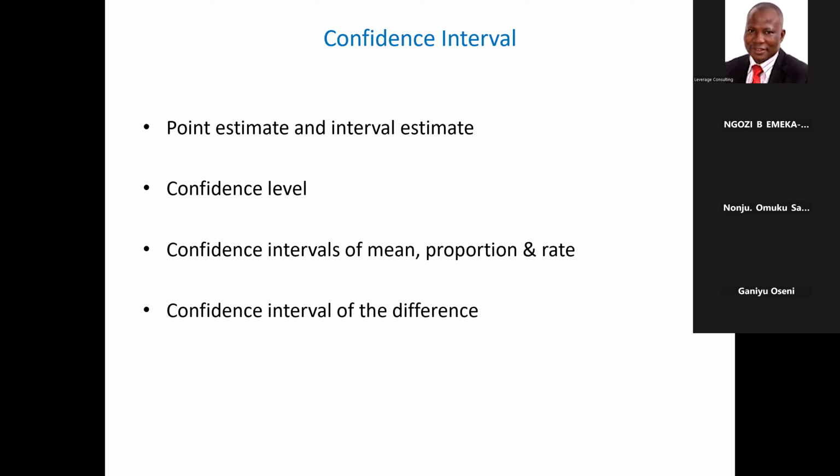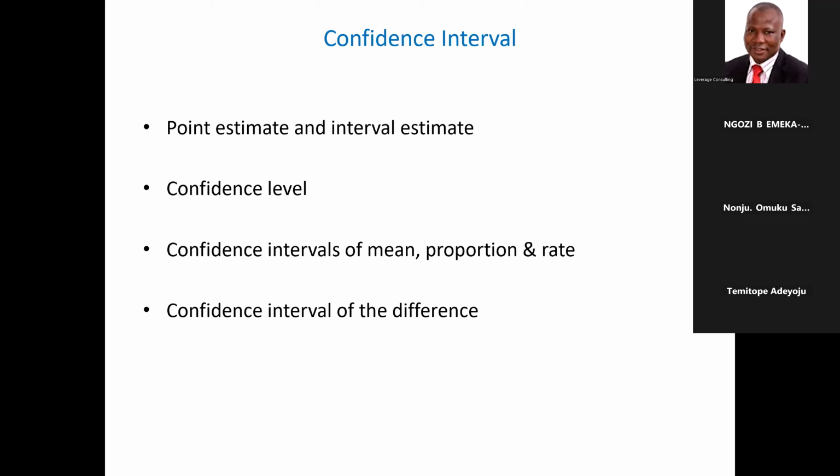So that is what the confidence interval does. The interval estimate is a range of values within which we can be, to a certain degree, sure that the population value, the parameter, will be any value in between these two values.